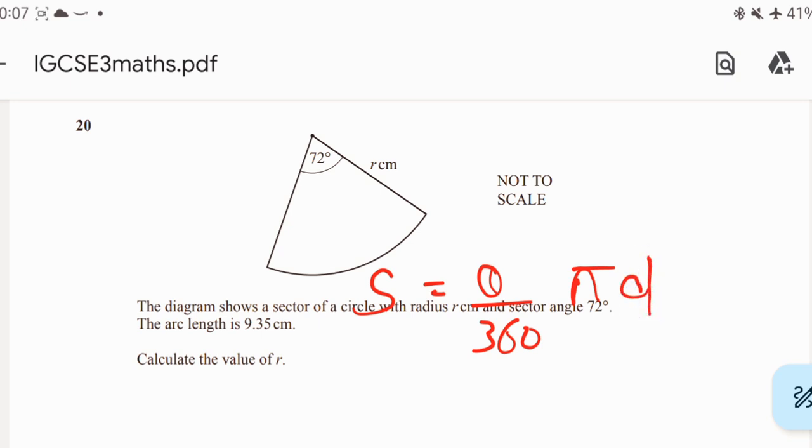Okay, so 9.35 is equal to 72 over 360 times d. Calculate this value and you get your answer, please. Next question.